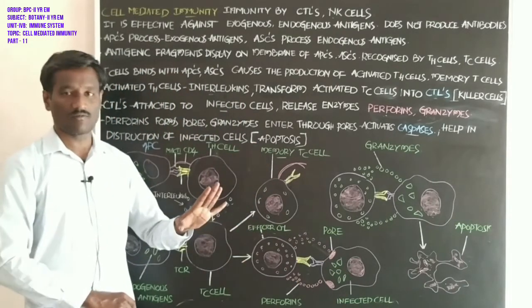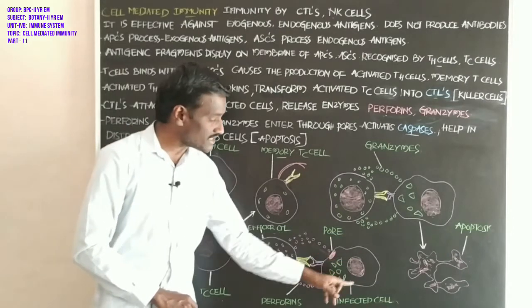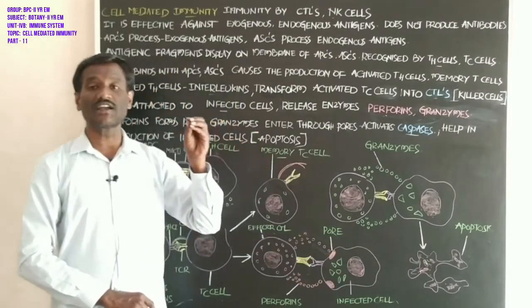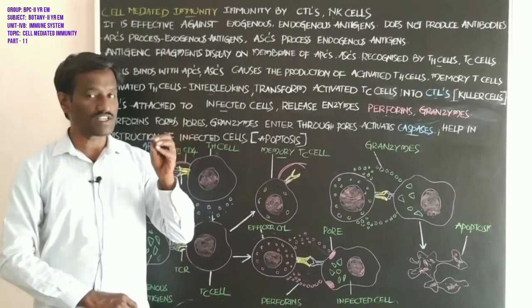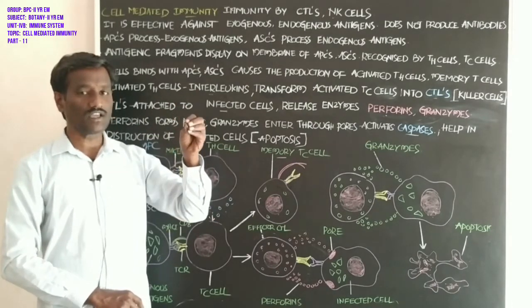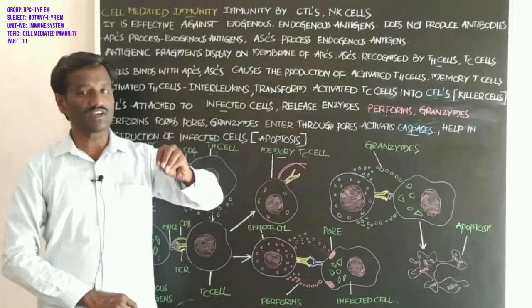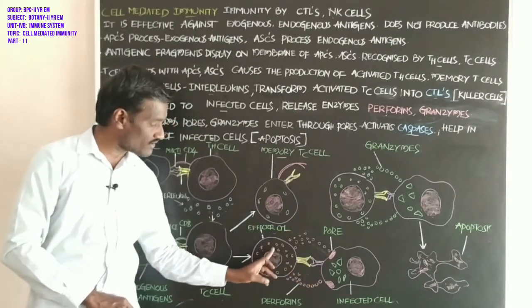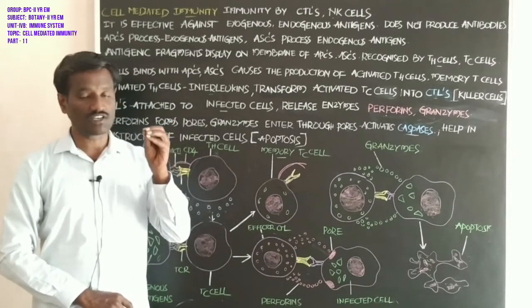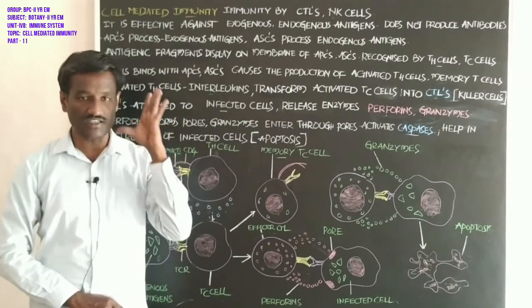The effector CTL binds with the infected cells in the body, which are the virus infected cells, the pathogen infected cells in the body. The cells bound by the cytotoxic T lymphocytes are killer cells.